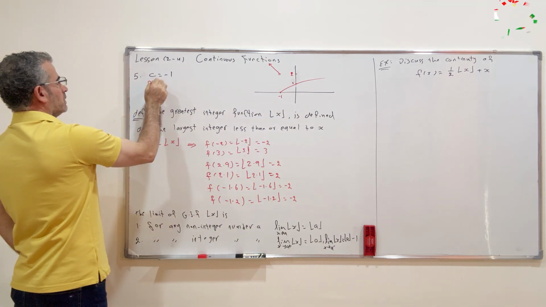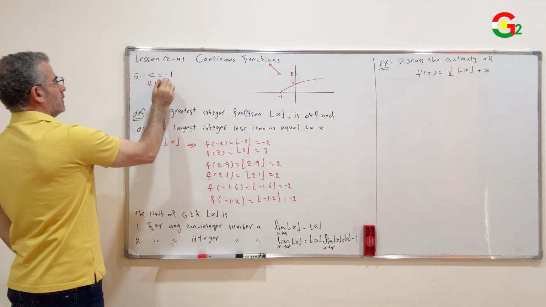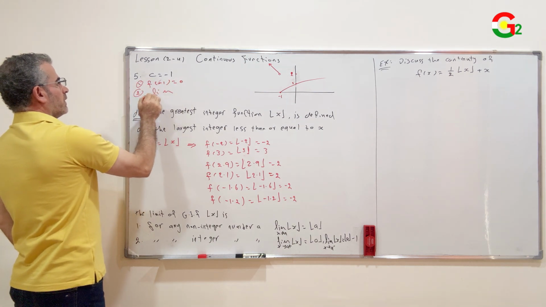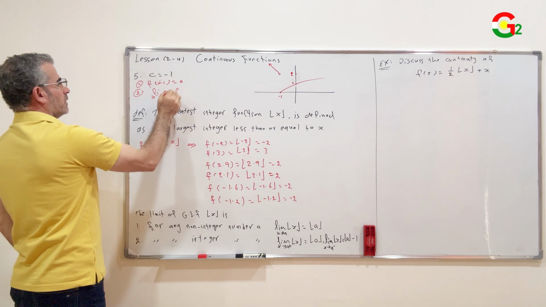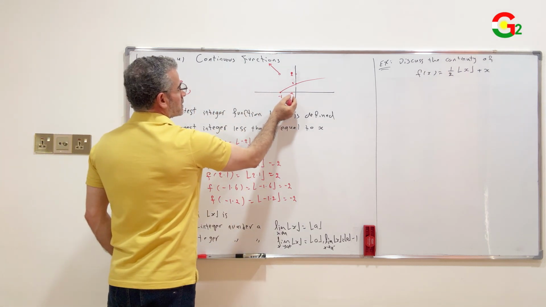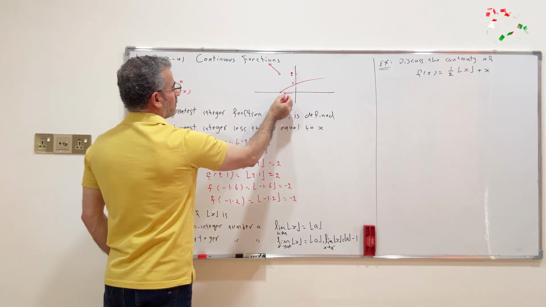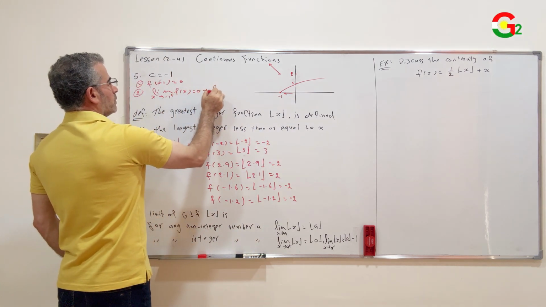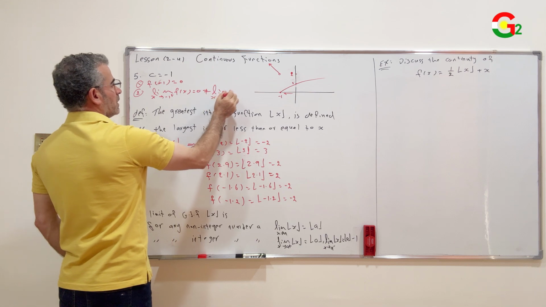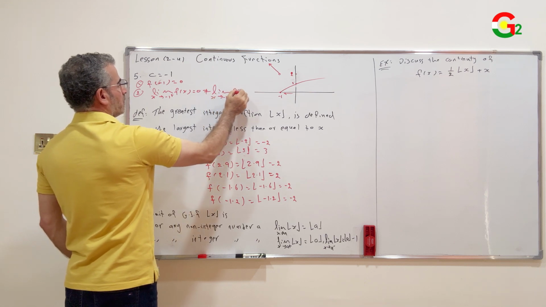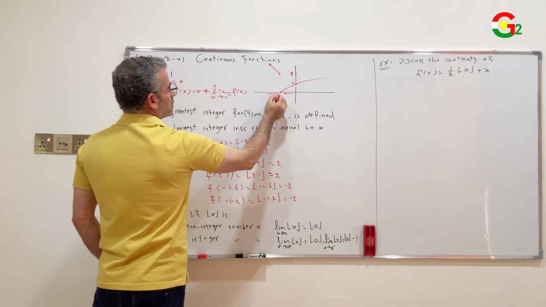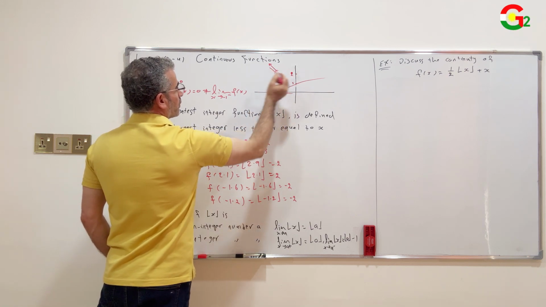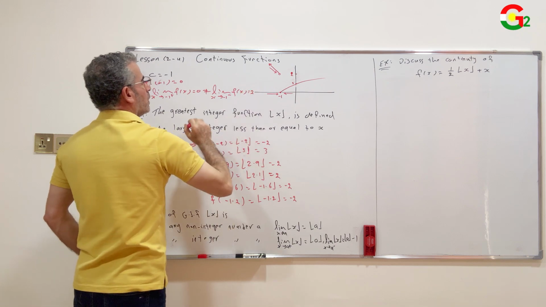The first condition is met. The limit of f of x when x approaches negative 1 from the right is 0, not equal to the limit when x approaches negative 1 from the left, because from the left the function approaches 2.